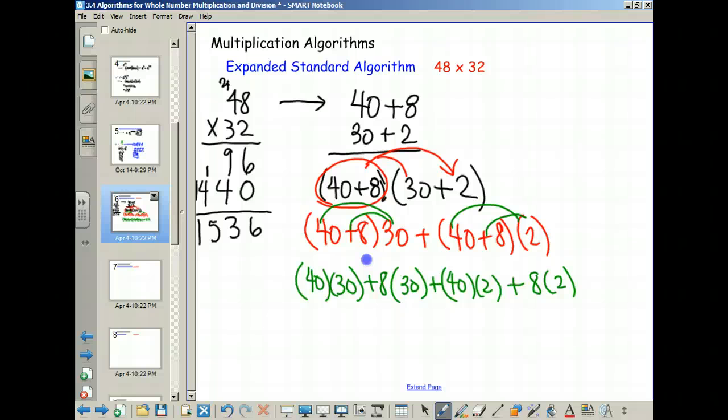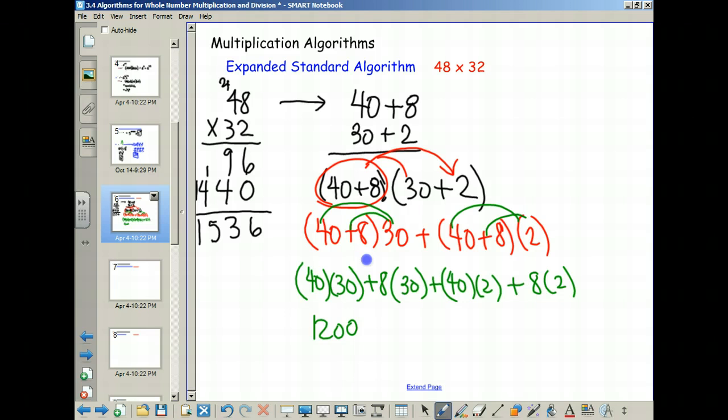What is 40 times 30? What is it? 1,200. Teamwork, yes. 4 times 3 is 12, right? And you got the 0 and the 0 there. There's 2 zeros, yeah? All right, so we got 1,200.